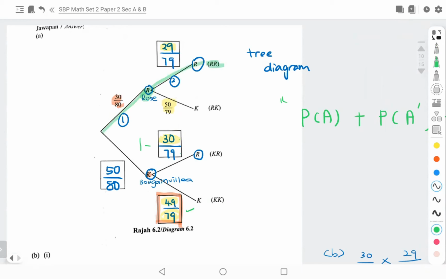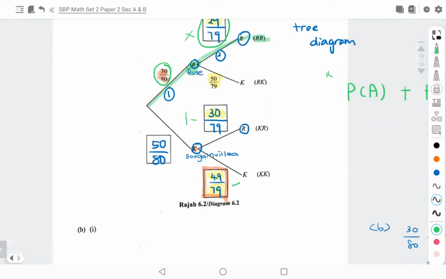Look at the probability here: 30 over 80 times 29 over 79. You have to multiply because you want both events to happen together. If you want events to happen together, you need to multiply.